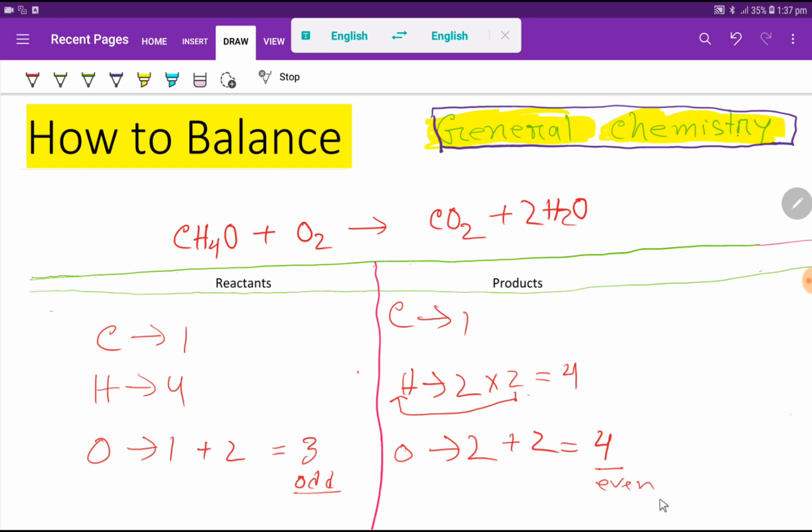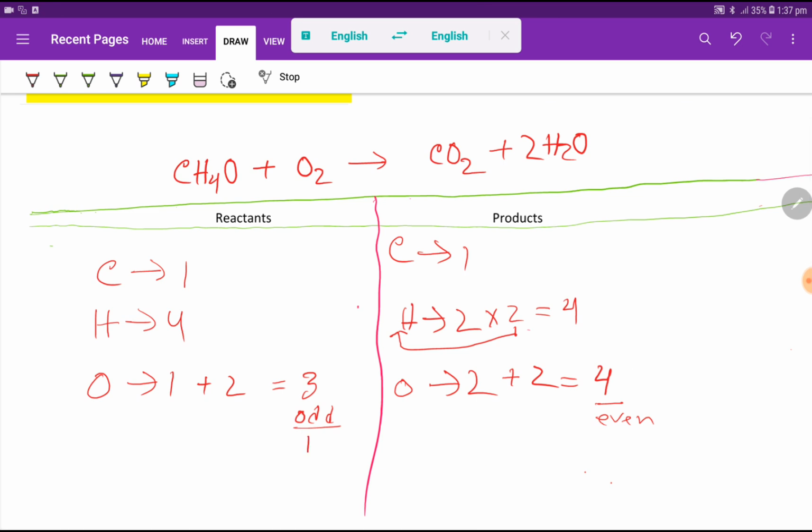However, we have to make this odd number an even number. This 2 is an even number, so this 1 is an odd number. So if I multiply here by 2, then 2 plus 2, that gives me 4, right? 4, and we are getting an even number here.